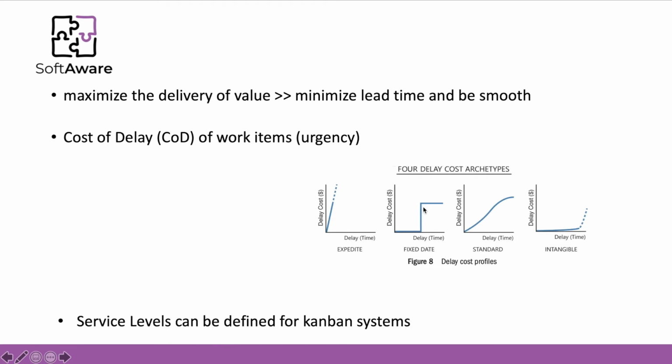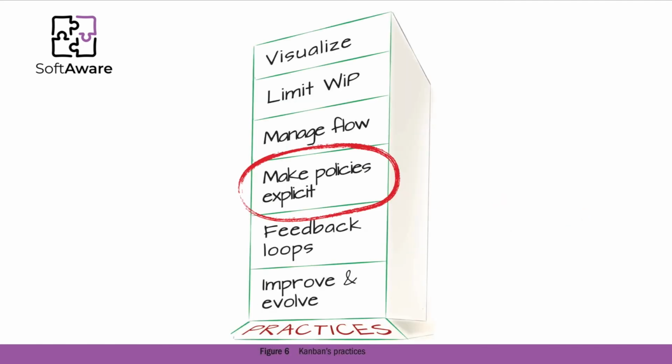These archetypes can easily be used to define service level agreements for Kanban systems, teams, and projects. Policies should be sparse, well-defined, visible, always applied, and readily changeable. It is not possible to predict the behavior of complex systems.